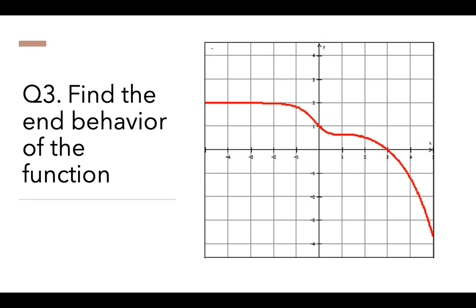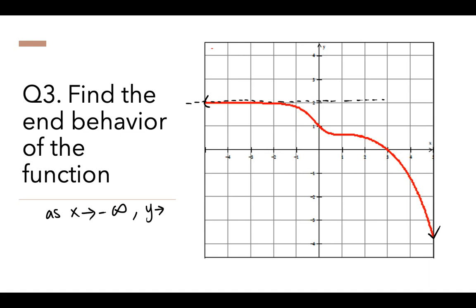So let's take a look at the end behavior of this function, assuming that there's an arrow. As x approaches negative infinity, what's happening to my y? It looks like, I know it's touching, but technically it's approaching 2. Do you see that?